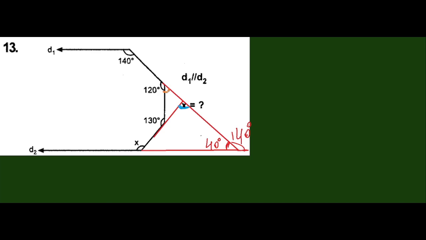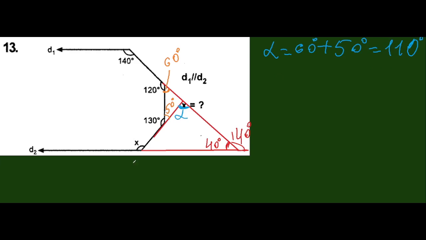So this angle is 60 degrees, and this angle is 50 degrees. So again, the secret we'll use is that alpha will equal 60 plus 50 degrees, which equals 110 degrees. So our alpha equals 110 degrees.